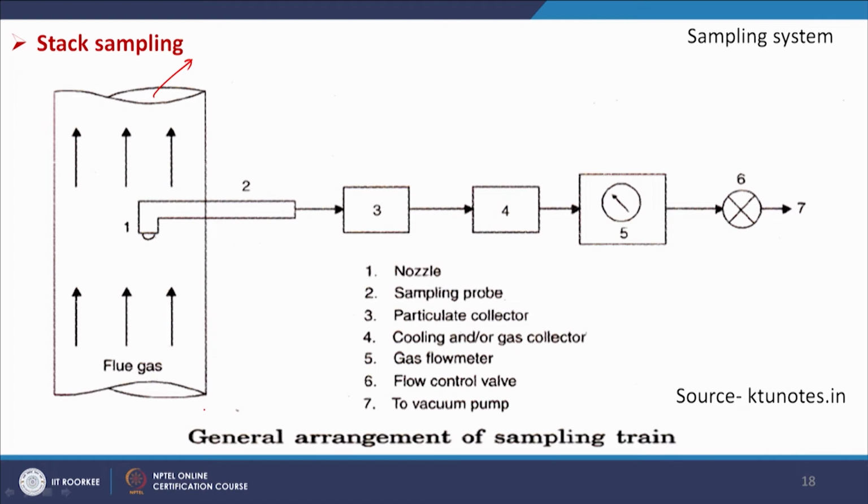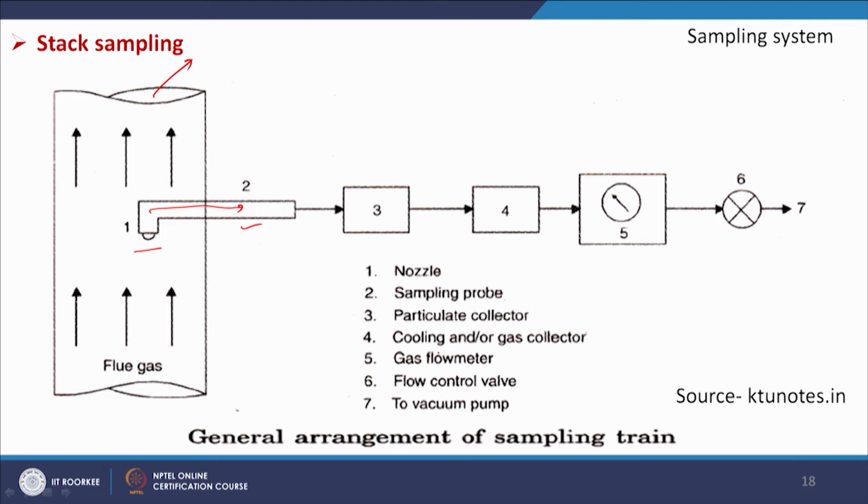One is your nozzle, and two is your sampling probe. We will be inserting one probe inside the stack attached with the nozzle, and the pressure is higher, so gas will be coming out this side, and then we have the particulate collector. If particles are there, they will be collected here.